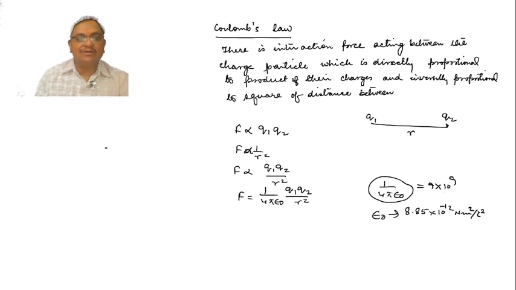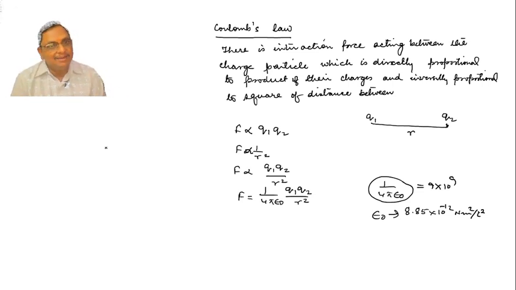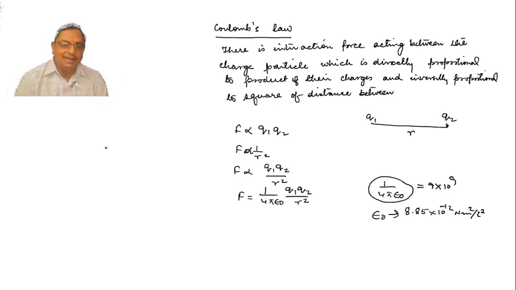What is the permittivity? A new term for you. Suppose you two friends are sitting nearby and you want to fight each other, meaning you want to apply a force on each other. The medium in between permits you to apply a force. But if a wall is in between, it will not permit you and will restrict you.